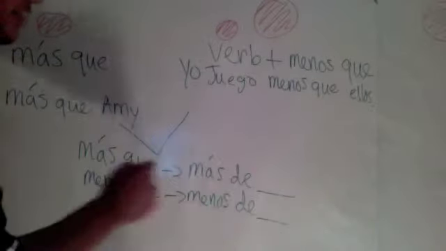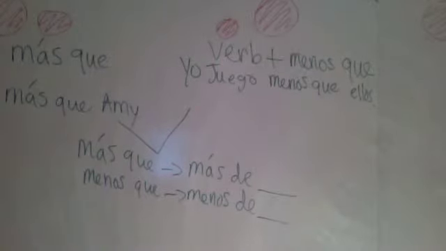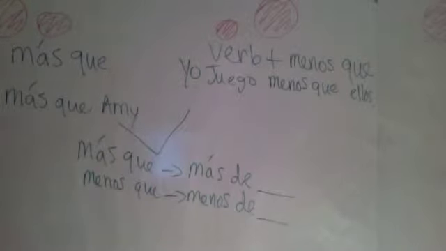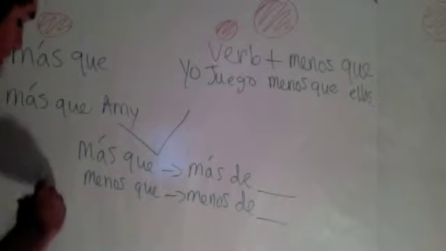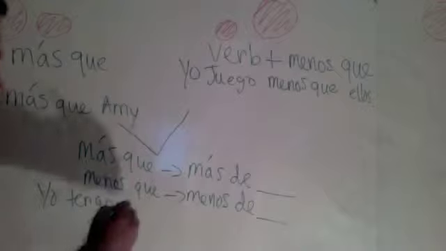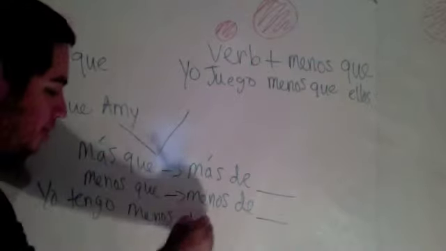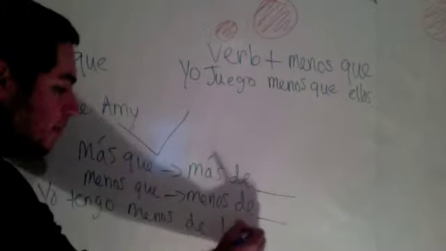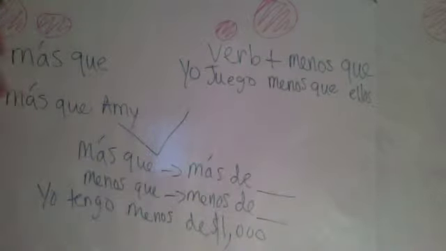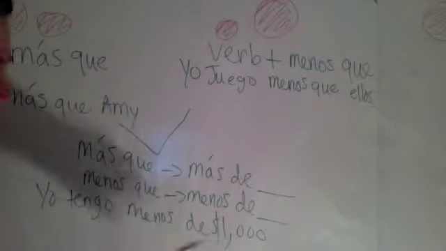Immediately before a number, it changes from que to de. So for example, in the very true statement, I have less than $1,000. Yo tengo menos de $1,000. Because it's before a number, we change que to de.